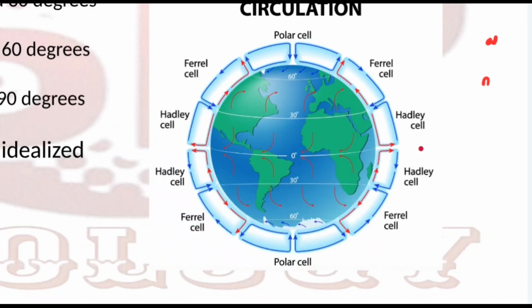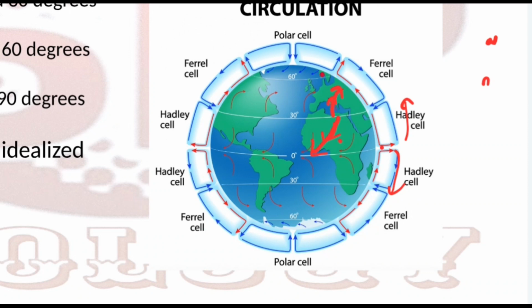In a simpler way, you can explain it like this: air gets hotter here, rises upward, and moves towards both latitudes. Then around 30-degree latitude, it will descend and diverge here. This part becomes the northeast trade wind, and this part becomes the westerlies.